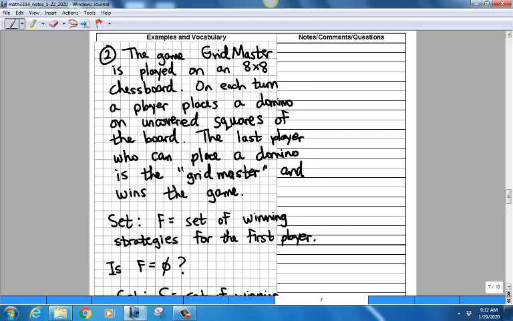Or it could be polling the audience. The winning strategies can be very general, or it could be consulting a computer who tells me what move I should make. So just try one play of this and see who wins.